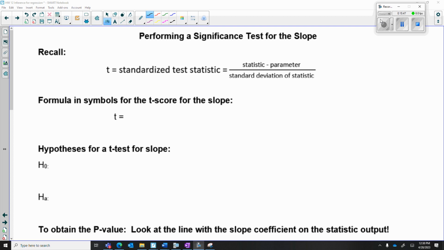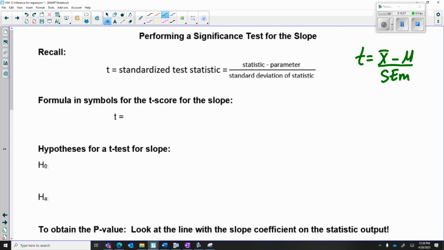Now, next up, we could also conduct a significance test for slope. And this is the same concept as doing a significance test for mean or significance test for proportions. So remember when we were doing means, the formula would be a t-test statistic, and we would do statistic minus parameter over standard error of the statistic.